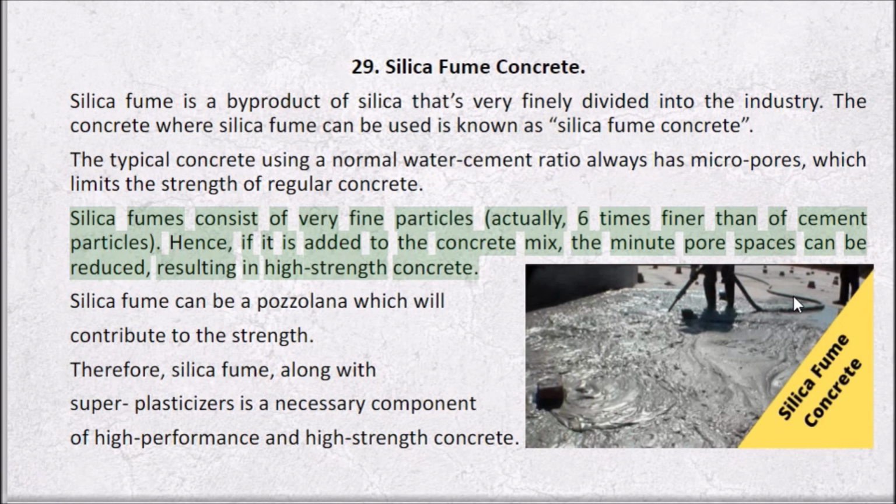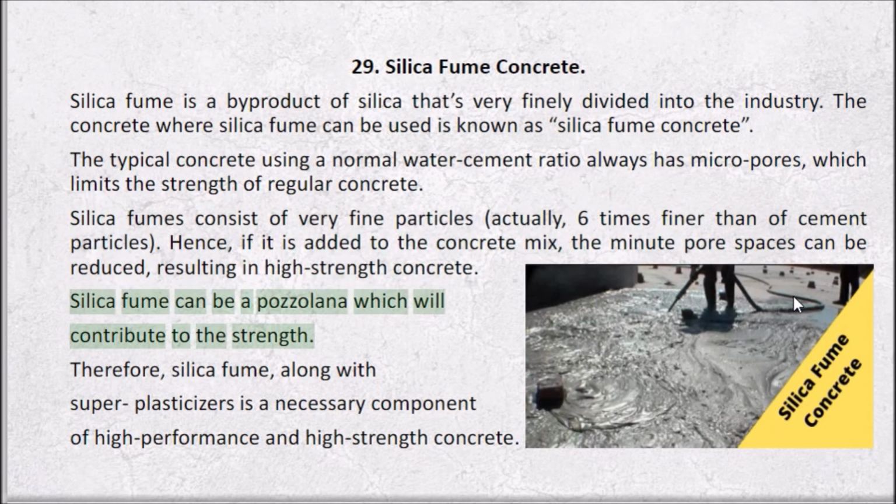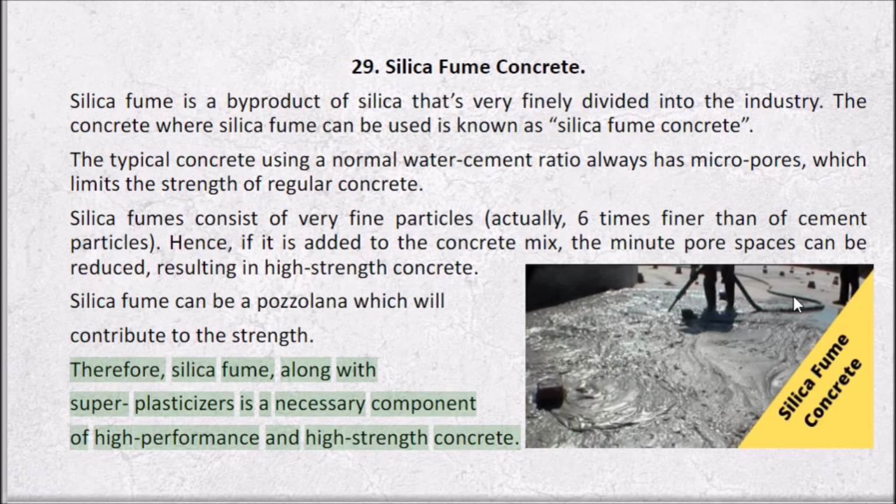Hence, if it is added to the concrete mix, the minute pore spaces can be reduced, resulting in high-strength concrete. Silica fume is also a pozzolana, which contributes to the strength. Therefore, silica fume, along with superplasticizers, is a necessary component of high-performance and high-strength concrete.